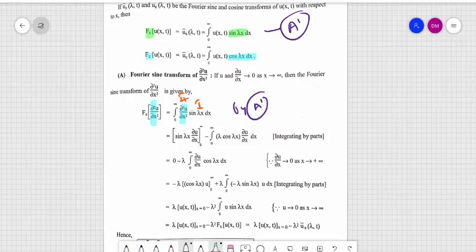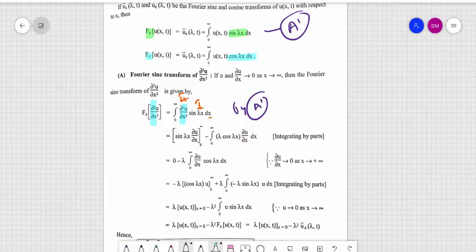So first function as it is, times the integral of the second, minus the integral of the derivative of the first function, that is λ cos(λx), times the integral of the second function with respect to x.